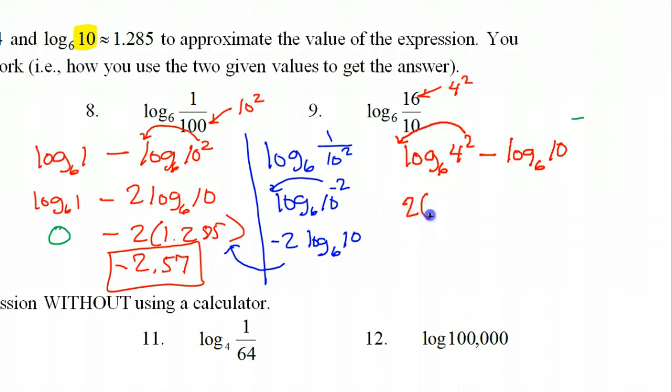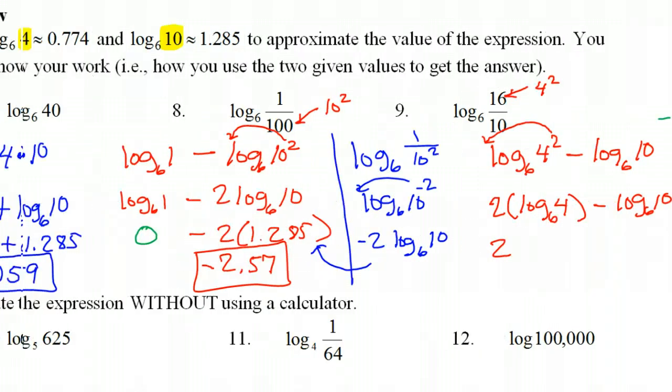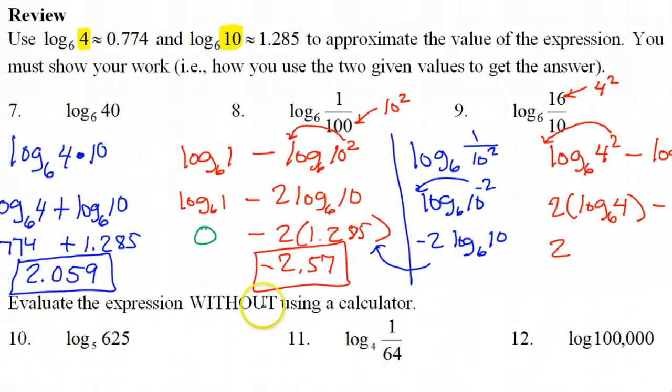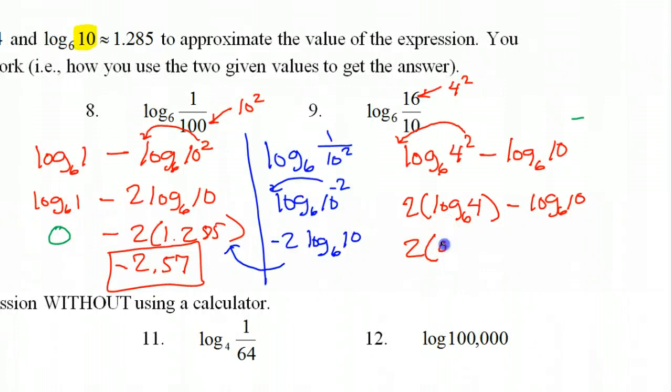So this becomes 2 times log base 6 of 4 minus log base 6 of 10. And of course we know what these are. These are the facts that we're given. So log base 6 of 4 is 0.774, and log base 6 of 10 is 1.285.